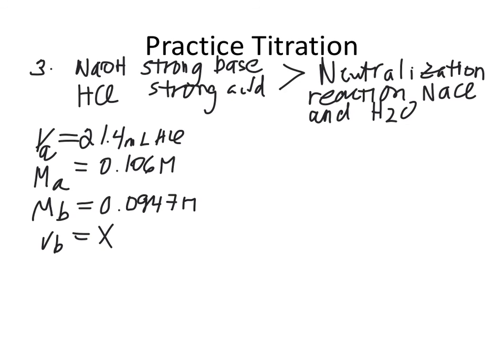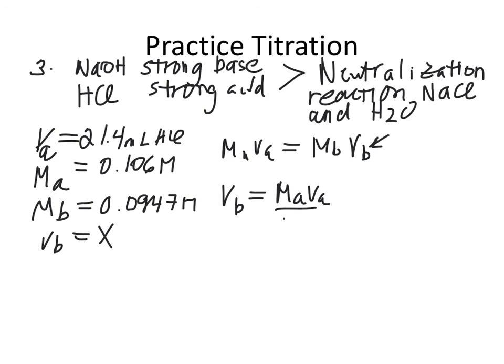It's our X. So again, using the equation MaVa, moles of acid, equal MbVb, moles of base. We are looking for the volume of the base. So Vb, we'll solve for that. Vb is equal to MaVa over Mb. Molarity of the acid is 0.106 molar. Volume of the acid that was used.